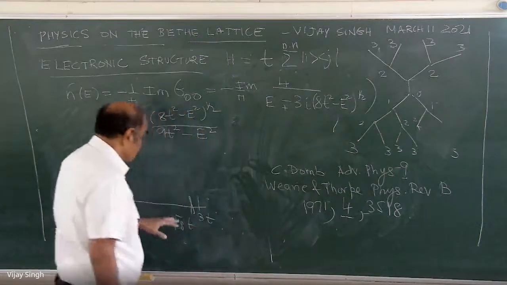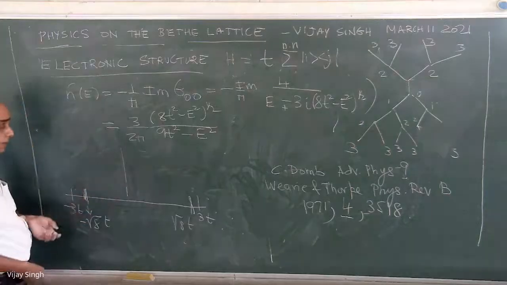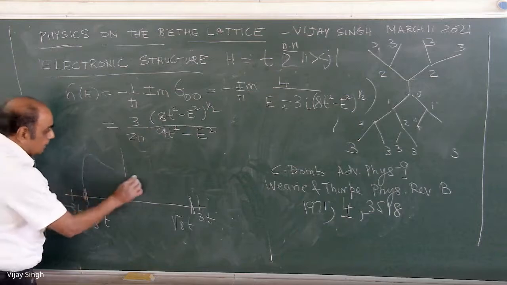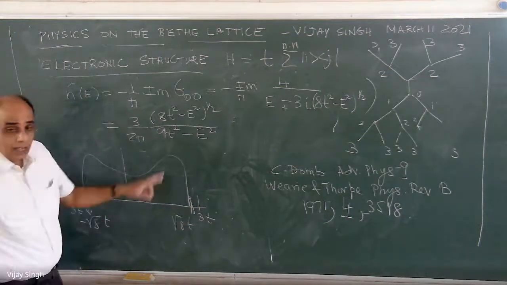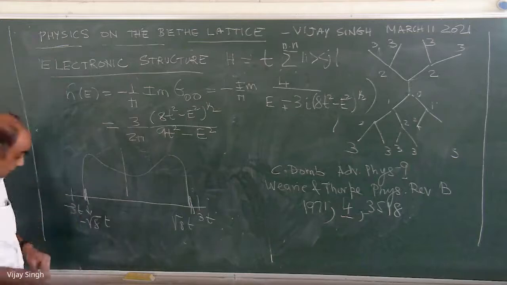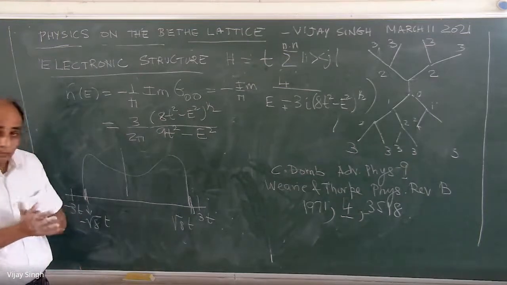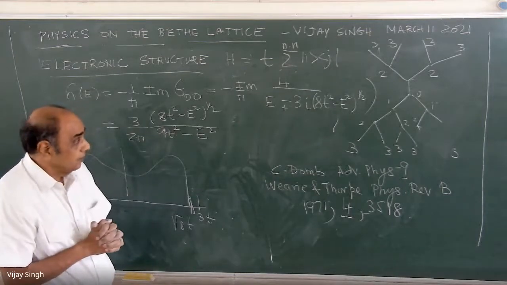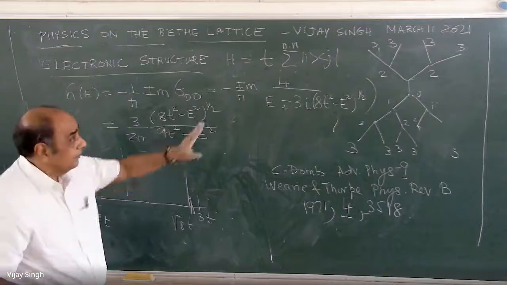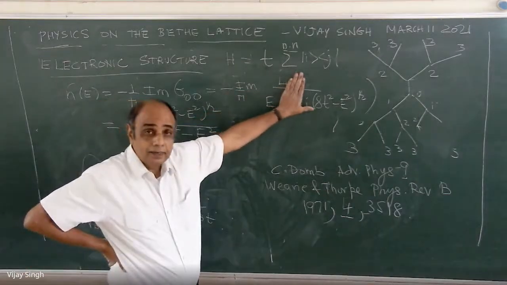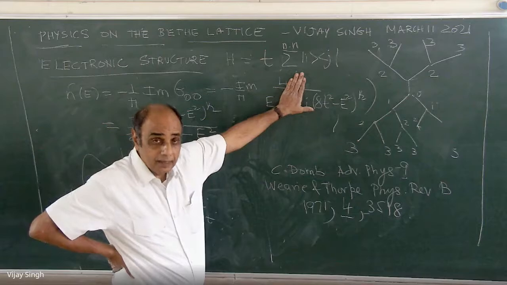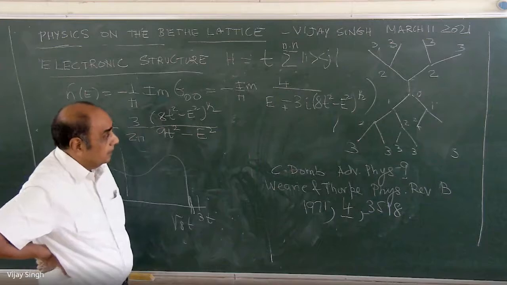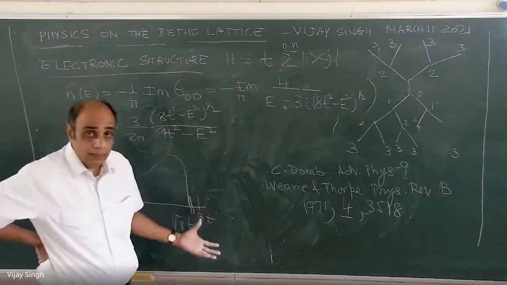Okay. So if you have plotted it, fair enough, or you can try it out. I can tell you it looks like this. There is a hump on both sides. And if you don't believe it, you can think about it and try to plot it. So to cut the long story short, we have taken the simplest model and worked out the electronic structure on the Bethe lattice for the simple model.